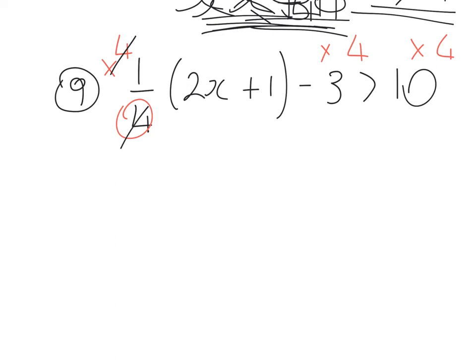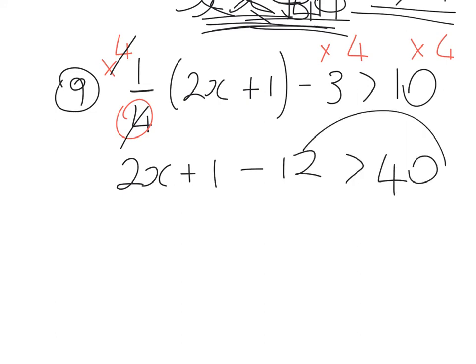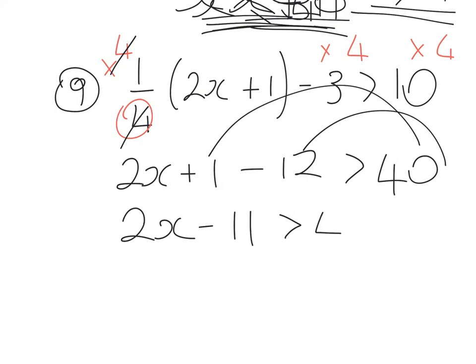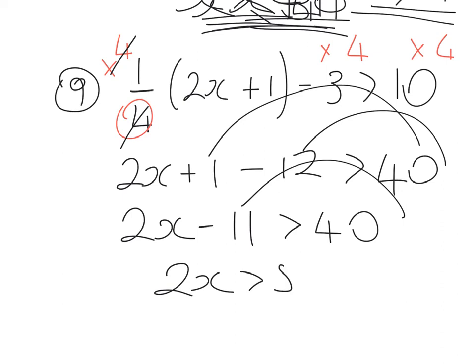Times 4 and divide by 4 gives me 1 lot of the brackets, so that's just 2x plus 1, minus 3 4s are 12, and that's greater than 10 times 4, which is 40. So it's going to be 2x, collect together like terms, minus 11 is greater than 40. Change side, change sign. 2x is greater than 40 plus 11, which is 51. x is greater than 51 over 2. Check, can it be simplified? And it can't. Final answer.